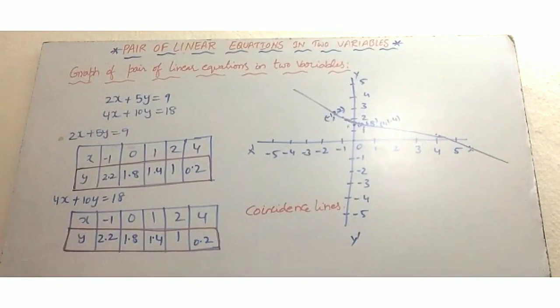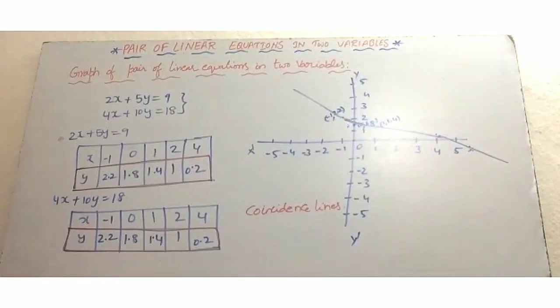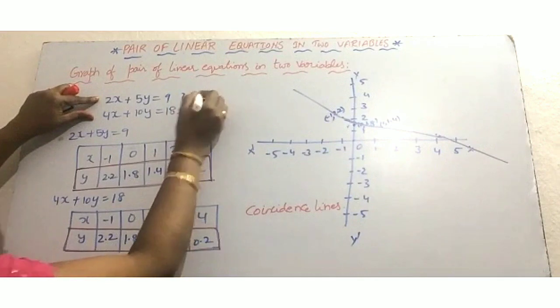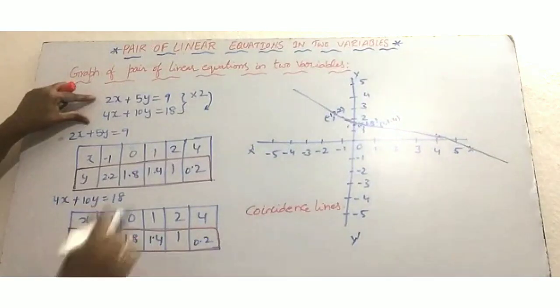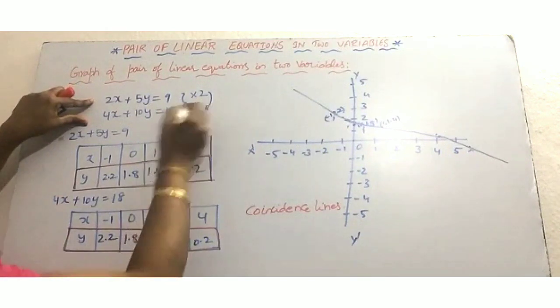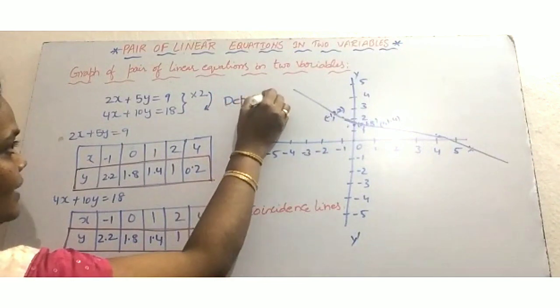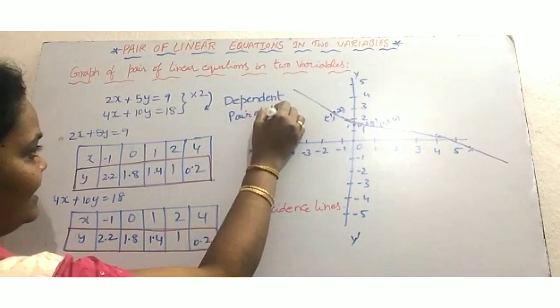So first observe these two equations. These two equations have a relationship. But what is the relationship? If we multiply the first equation with 2, we will get the second equation. So this pair of linear equations is known as a dependent pair of linear equations.